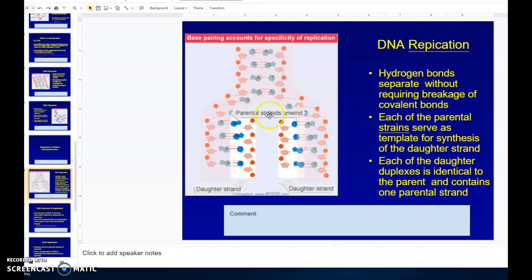And when it gets all the way done, unzipping and creating new strands, you will have a completely new set of DNA strands here and here. It won't be completely new though, because the parent strand is still on the outside, new daughter strand on the inside. Okay, so you have new daughter strand here, parent strand here.